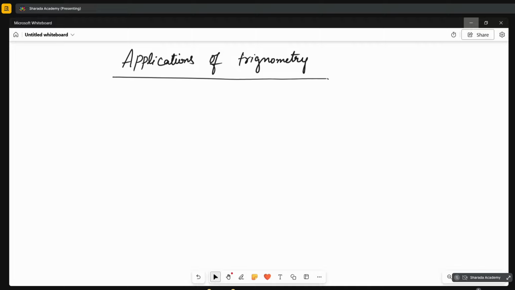So in this applications of trigonometry, what we try to do is calculate maybe the distance between the two objects or height of an object.